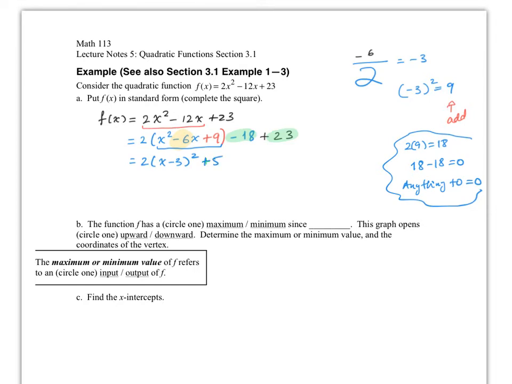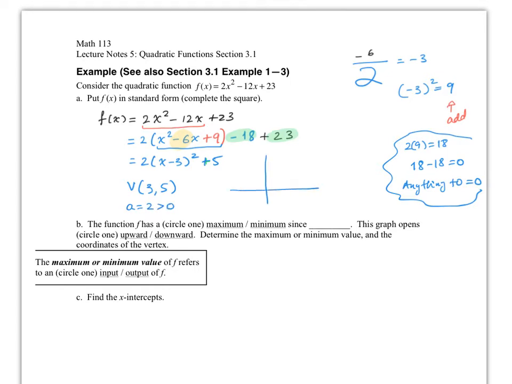So here the coordinates of the vertex are going to be (3, 5). Remember, if this is negative, this will be positive. If this is positive, this will be negative. Whatever the sign of this is stays the same. Here the value for A is equal to 2, which is positive.